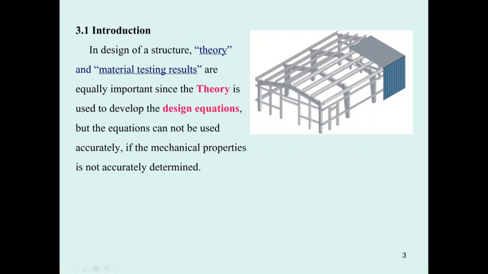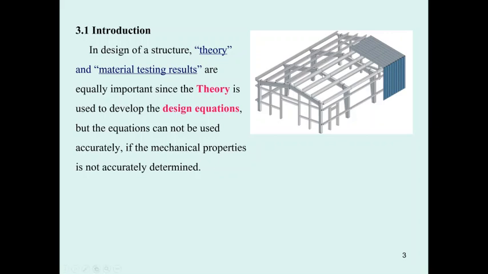You can obtain the E only by testing the steel. So the theory and the material testing result are both important because you are going to put the result into the equation to get the value from the theory. If not, you have to do real world testing.